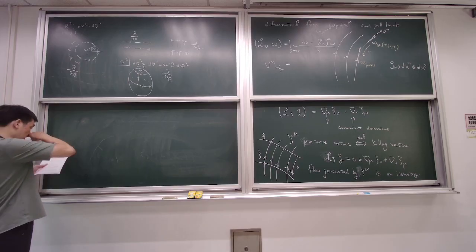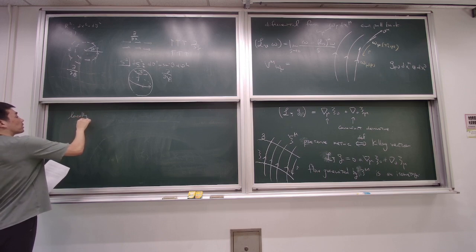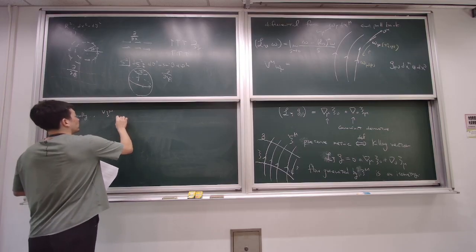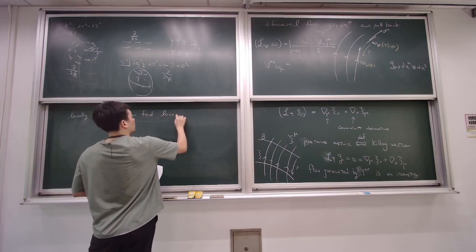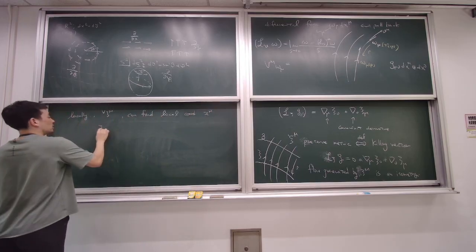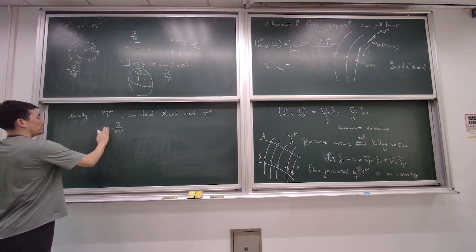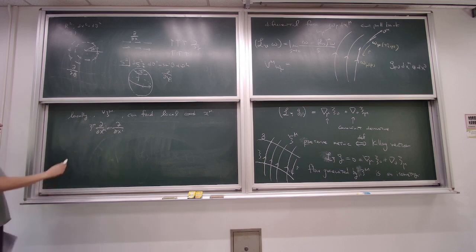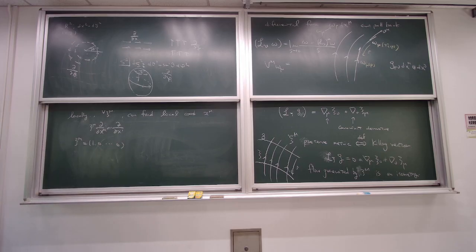And the key observation is that locally, for any vector field C mu, you can find local coordinates x mu such that C mu is something like (1, 0, 0, ...). Locally.